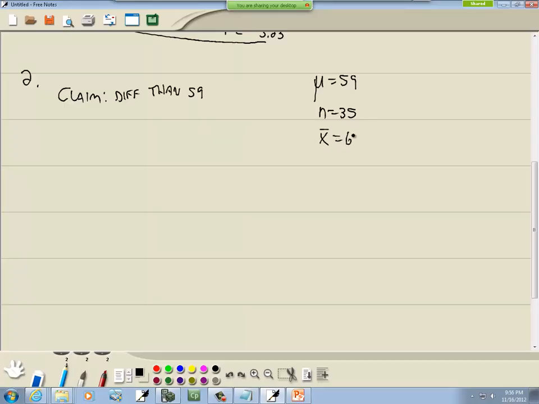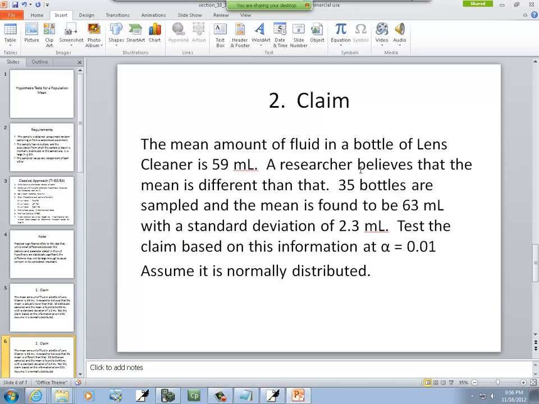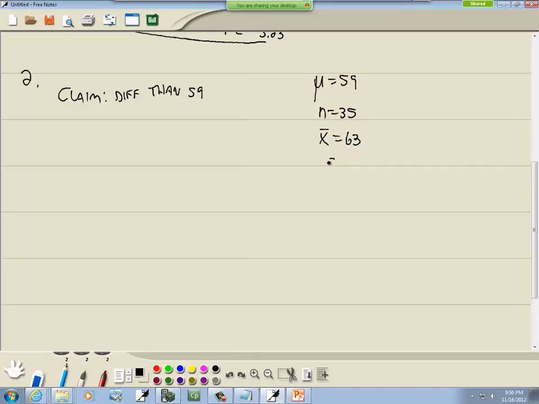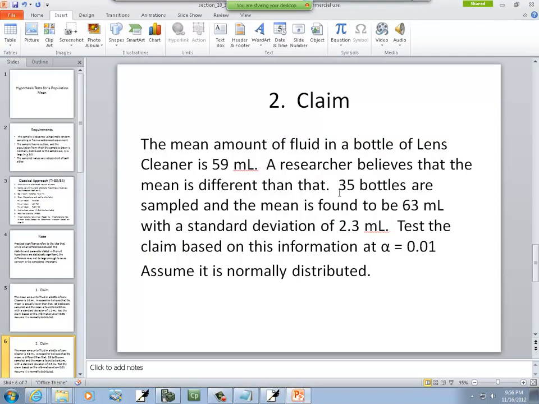So x bar is 63, with a standard deviation of 2.3. So s is 2.3. Now these are x bar and s, sample statistics, because we're talking about the n. Test the claim based on this information that alpha is equal to 1%.